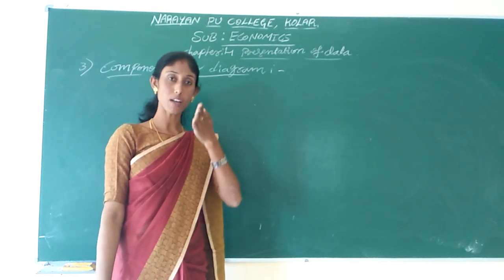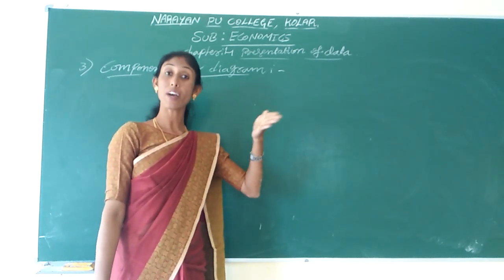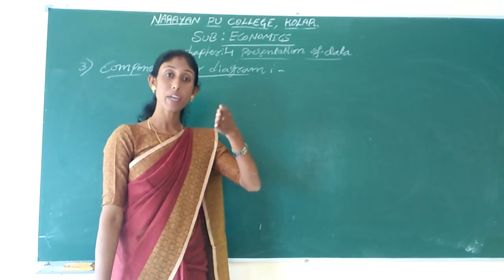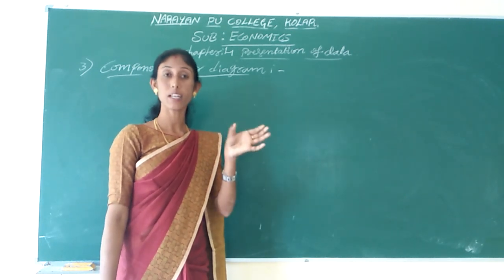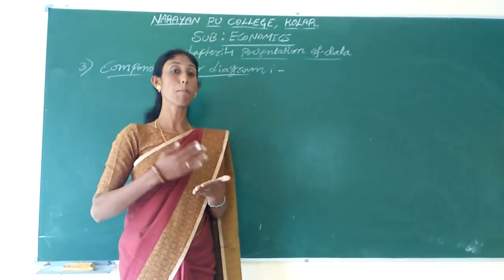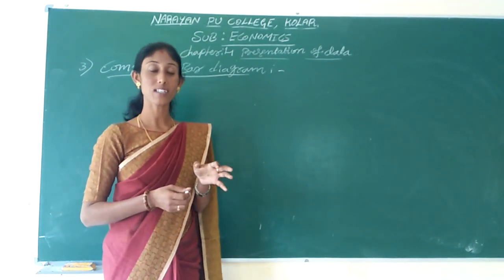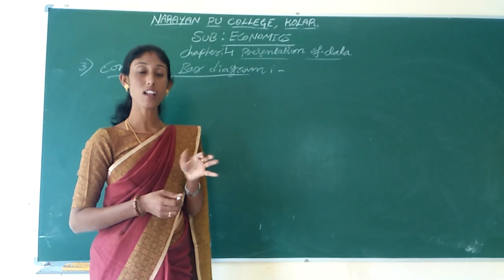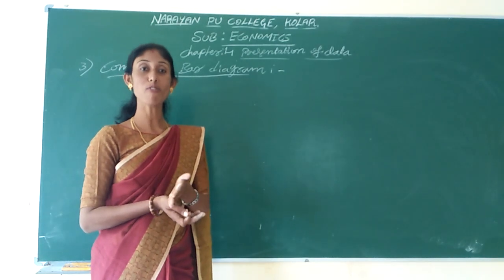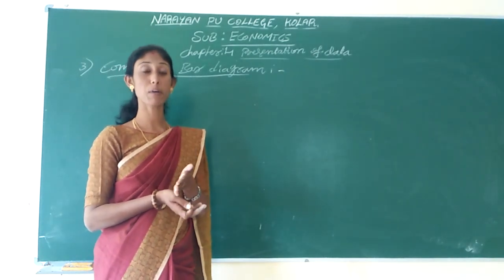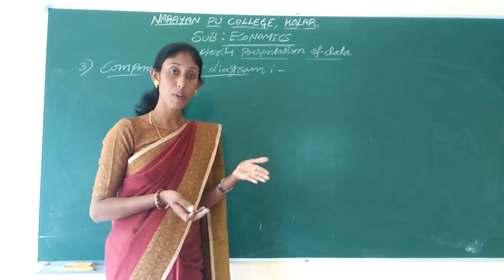Some particular bar we are going to subdivide, or make different components in it, for comparison with the size of a variable. Component bars are most useful for comparing the size of a particular variable in different components.